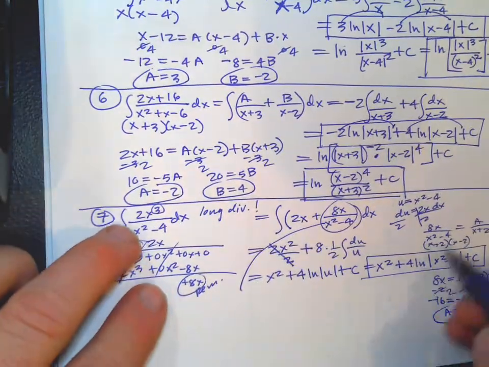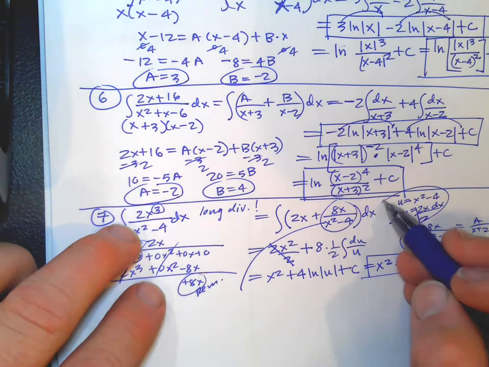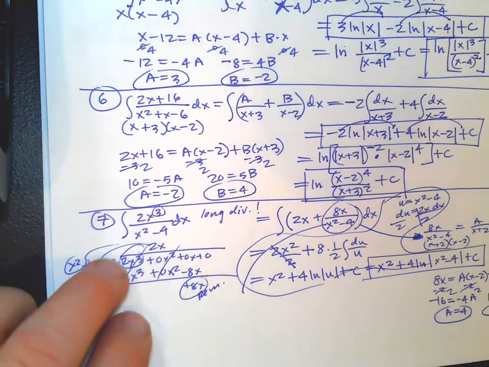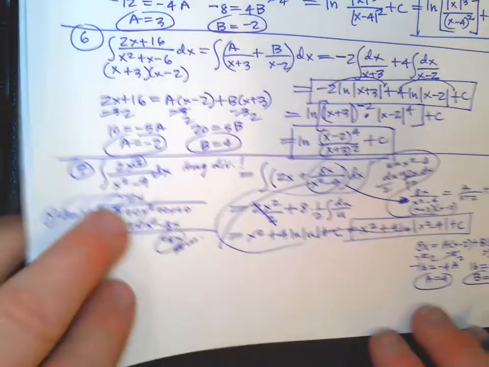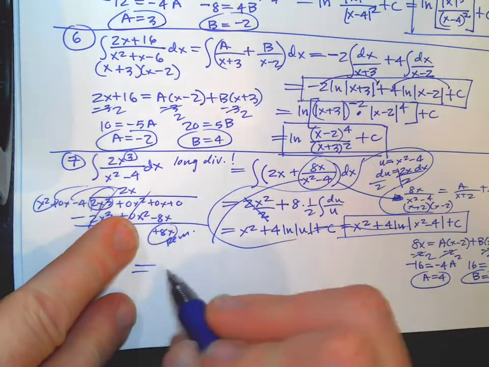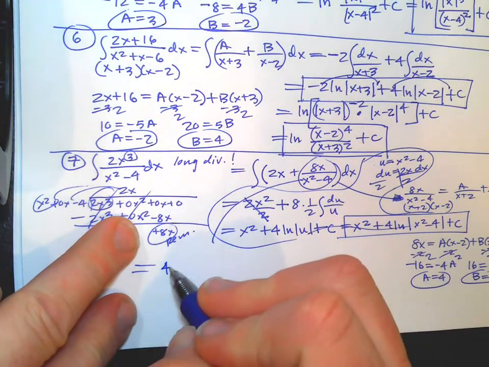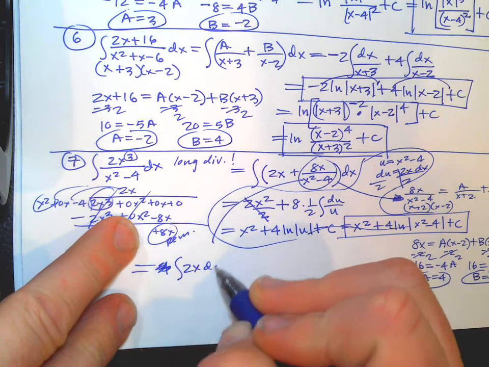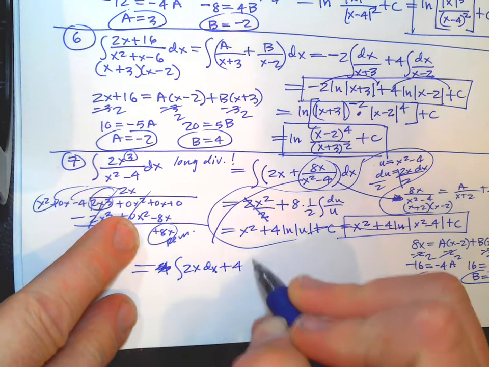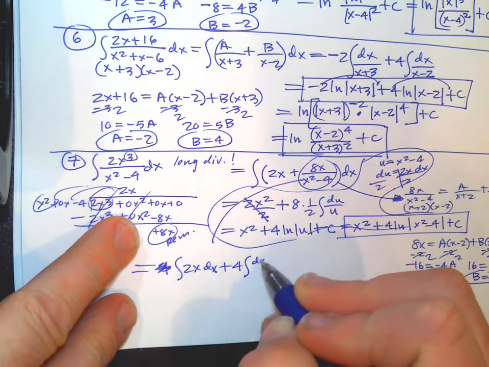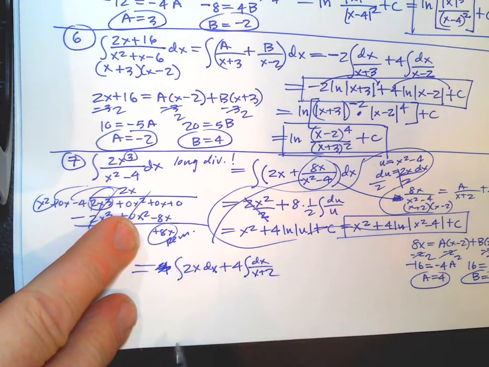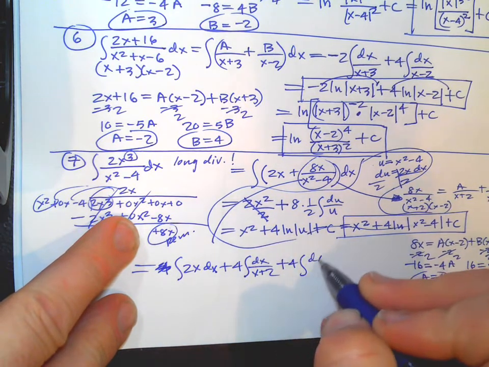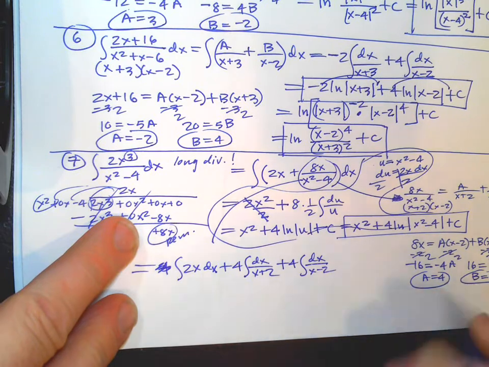So this is one way, and the other way is to do partial fractions. What you would get is you still have the 2x dx, and then plus 4 dx over x plus 2, and then plus 4 dx over x minus 2.